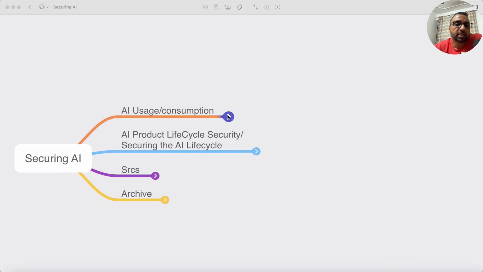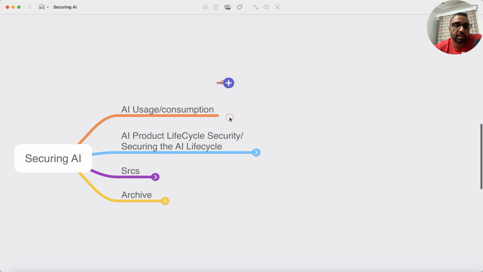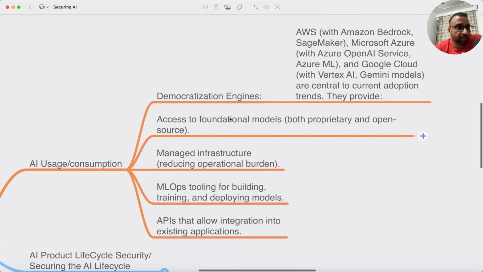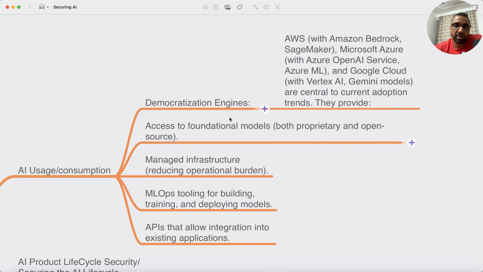So one thing that I found recently in the last few months is the AI usage and consumption is definitely increasing. The democratization of AI by companies like AWS, Azure, Google is central to current adoption trends.